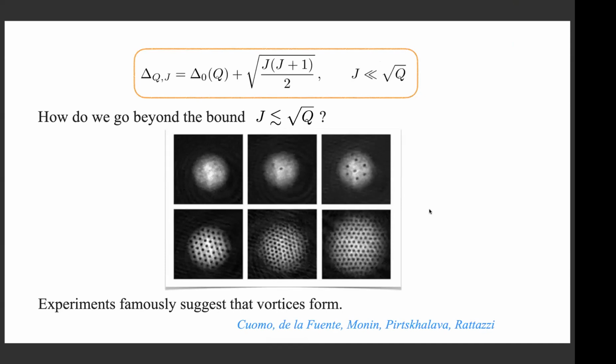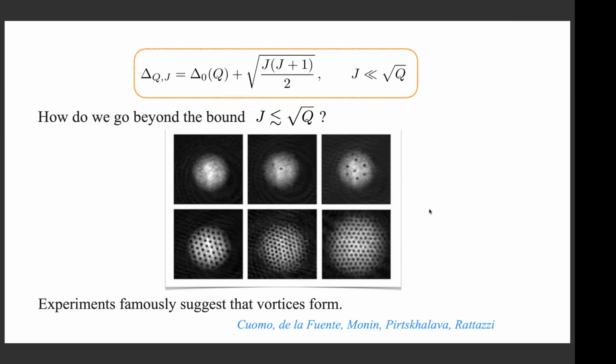I just wanted to find out if you know what happens as you continuously turn up the angular momentum of the superfluid. If you know the details of how you go from, let's say, left to right in these pictures. I think it's an open question. Okay, that's right.